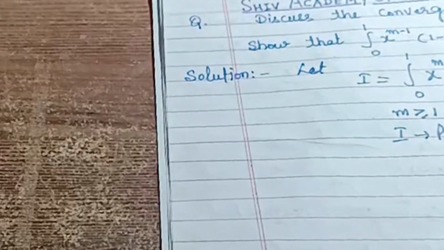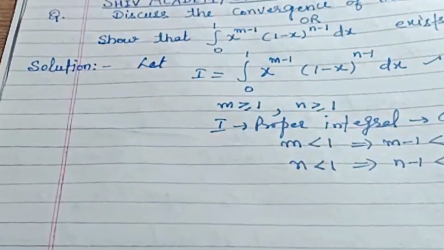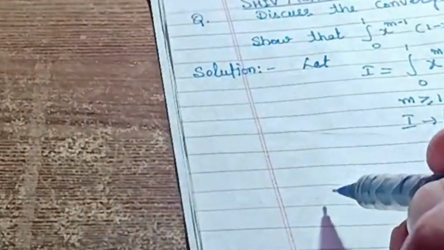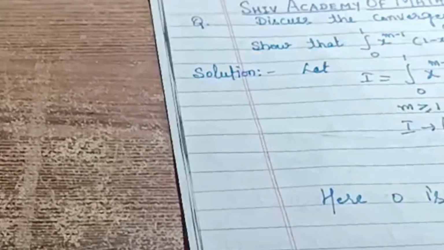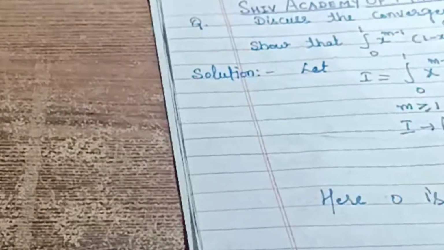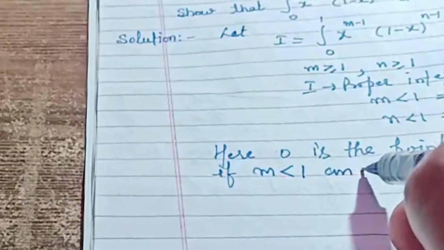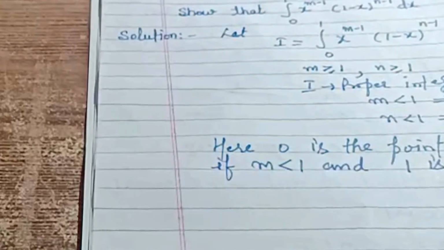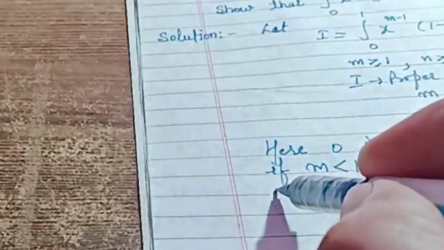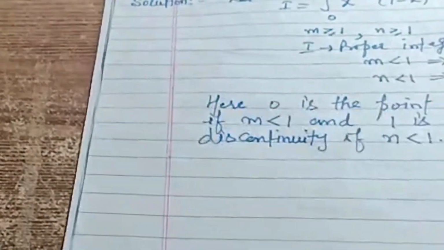So let us start, keeping in mind that 0 is the point of infinite discontinuity if m is less than 1, and 1 is the point of infinite discontinuity if n is less than 1.